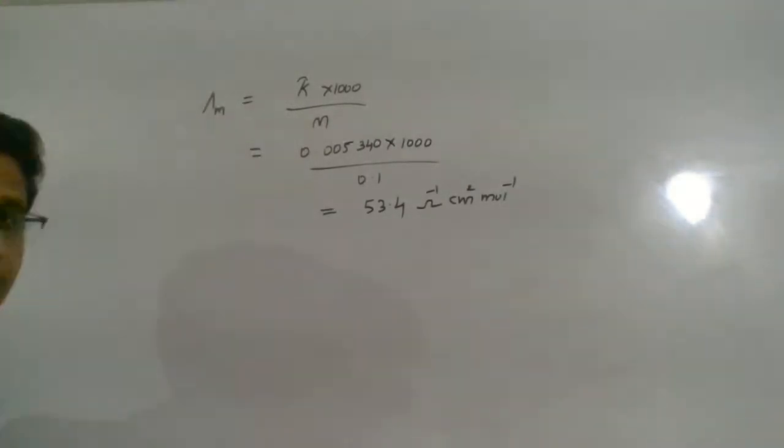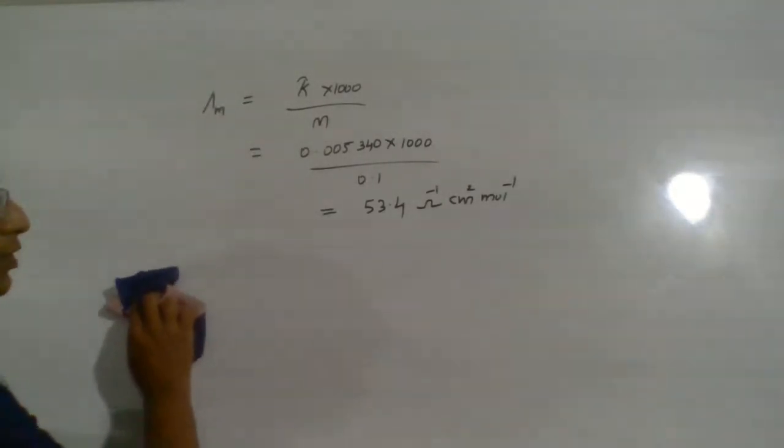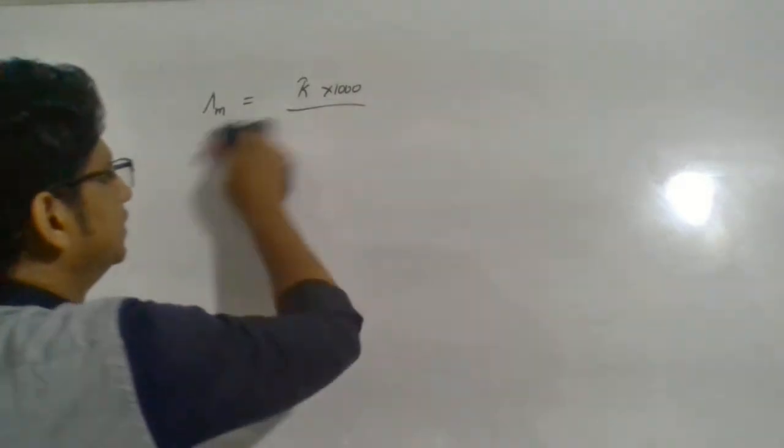Okay, let us do the next problem. I'm only writing the important part of the question; you read it completely. The specific conductance of a M by 10 solution of KCl at 291 Kelvin is 0.0112 Siemens centimeter inverse.